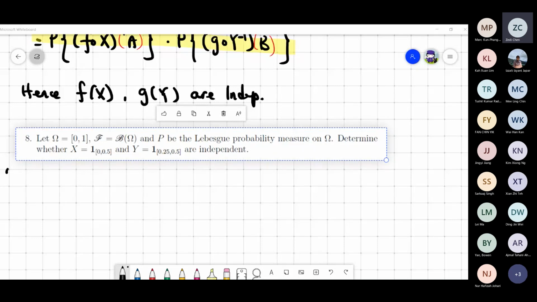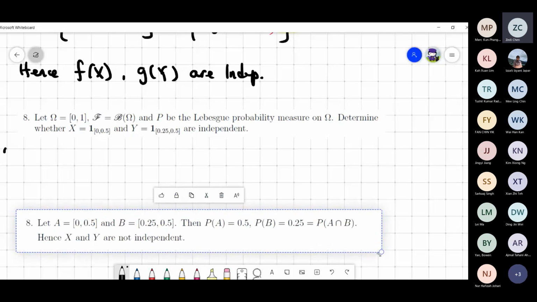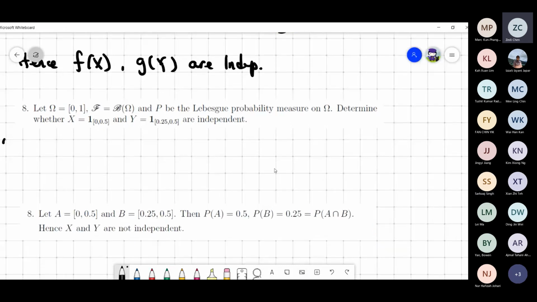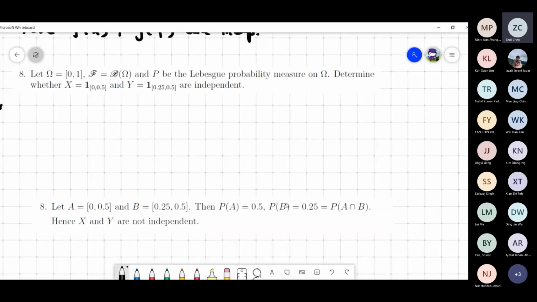Okay, so the answer is no. When we consider indicator functions, or indicator random variables, we have a relatively easy way to verify it.